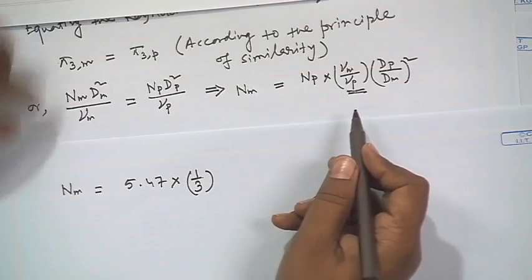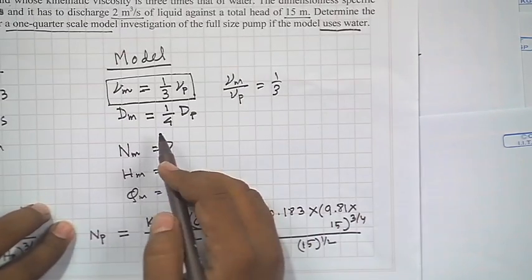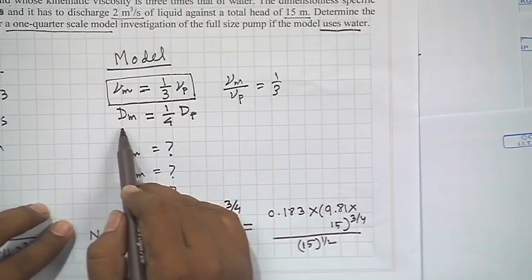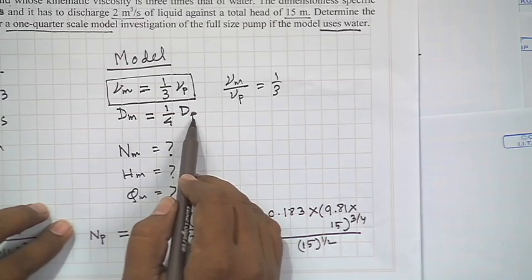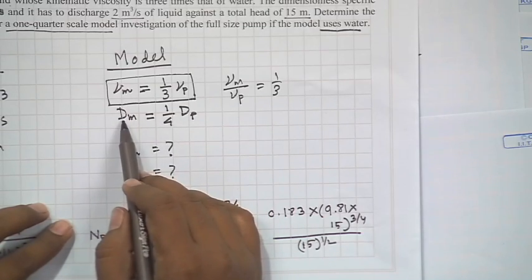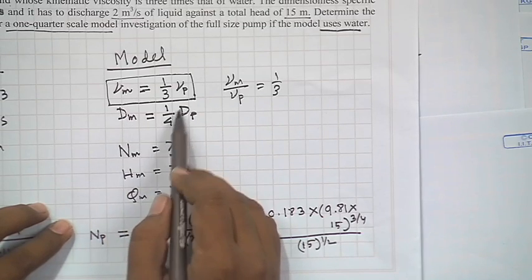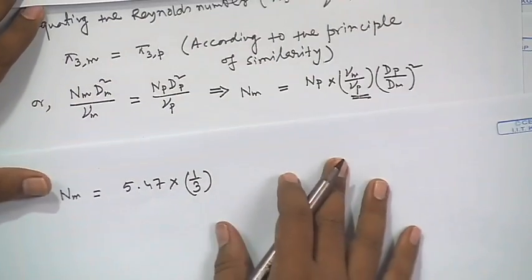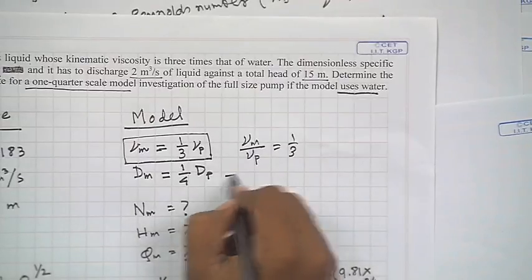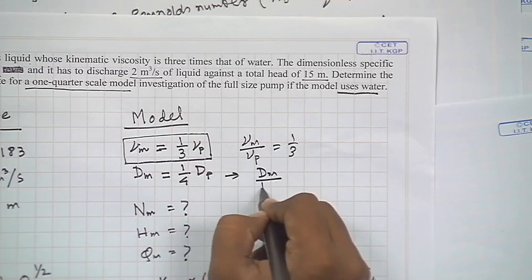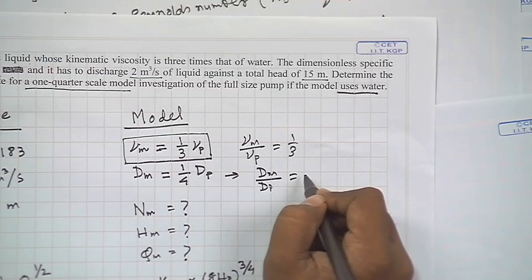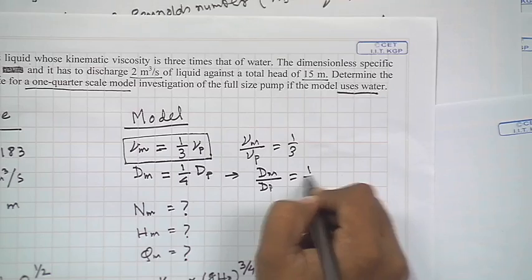and dp by dm. As per the prescription of the problem, dm is 1/4 of the dp. So, diameter of the model pump is 1/4 of the diameter of the prototype pump. So, dm by dp is equal to 1/4.